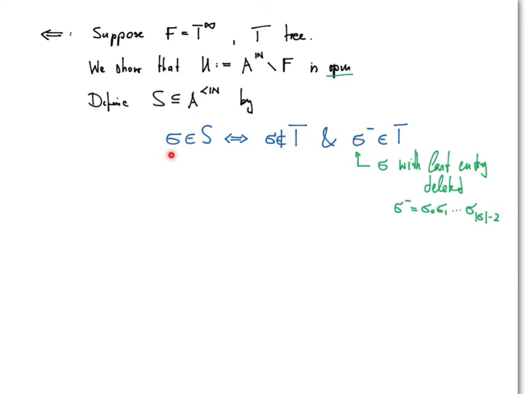We put the string sigma into S if and only if sigma is not on the tree, but if we delete the last entry of sigma and call the resulting string sigma minus, that string is on T. For instance, if sigma is sigma 0, sigma 1, up to sigma length of sigma minus 1, then sigma minus would just be the same string with the last entry deleted.